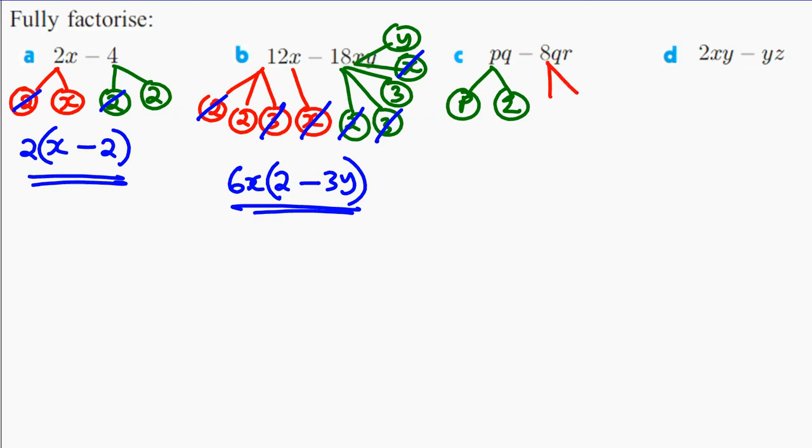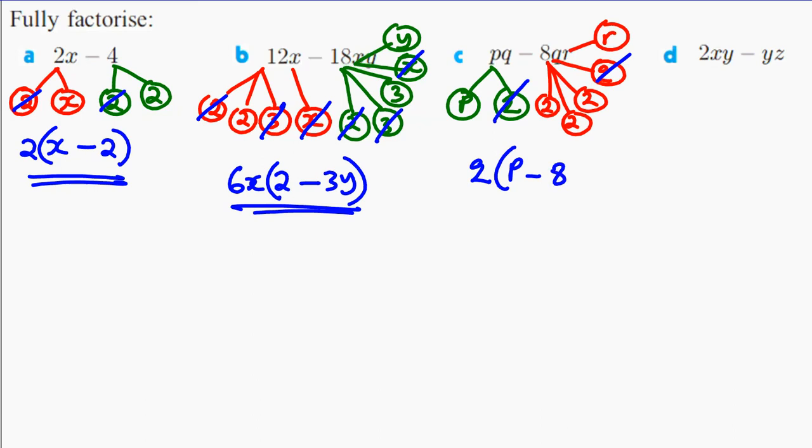So I have 2, 2, 2, Q, and R. The common factor is just Q. So my answer will be Q into bracket P minus 8R.